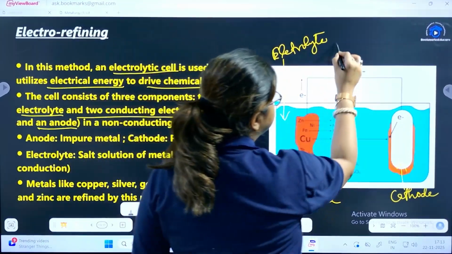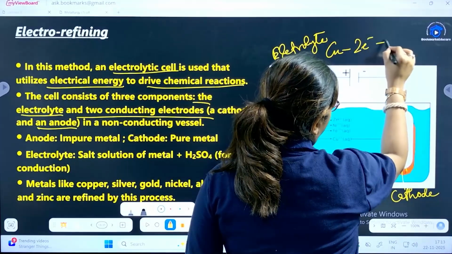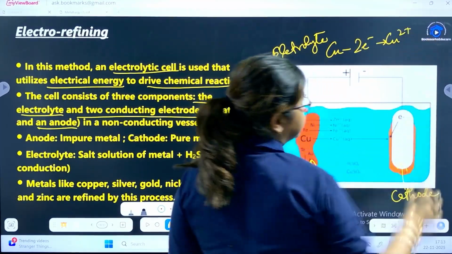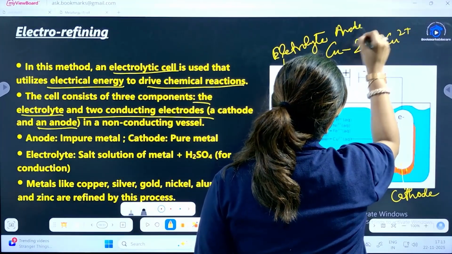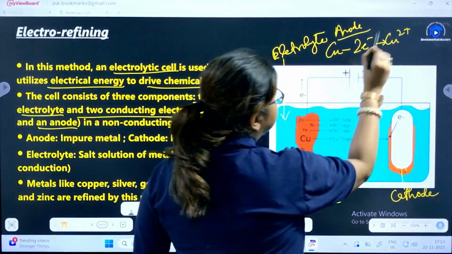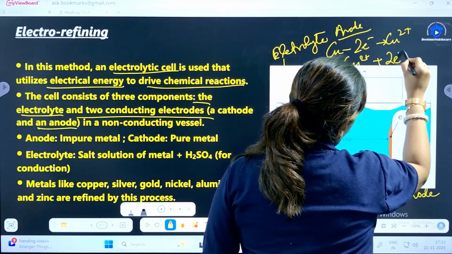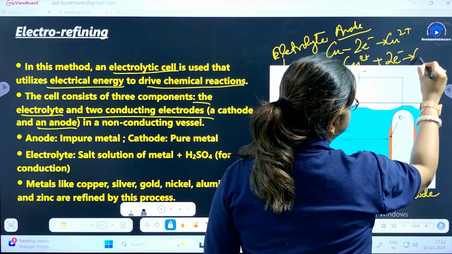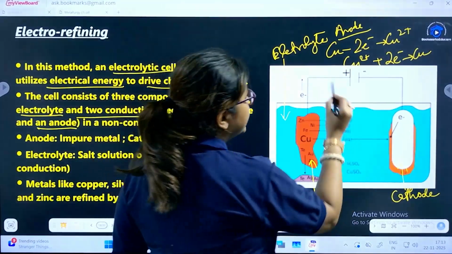Along with copper. So whenever I am passing electricity, what happens? This copper will give up 2 electrons to generate Cu2+. This is at the anode. This Cu2+ will go to the cathode and take up 2 electrons to give me pure copper. So this is the cathode reaction.